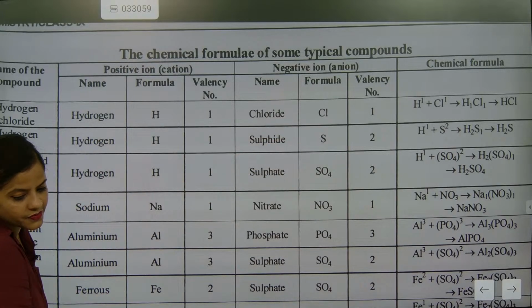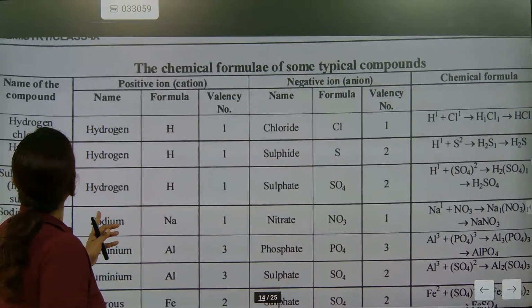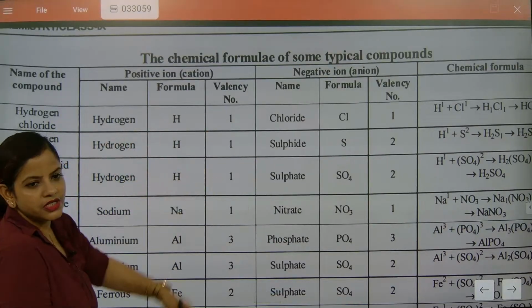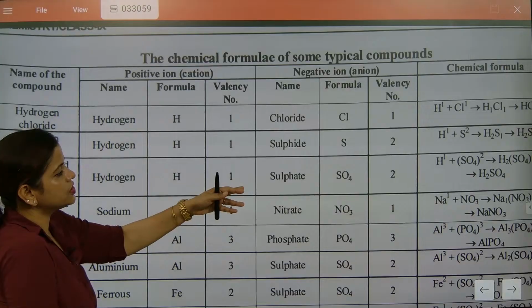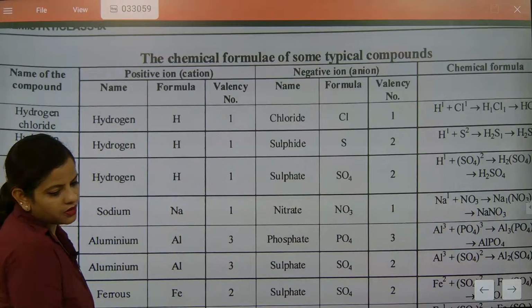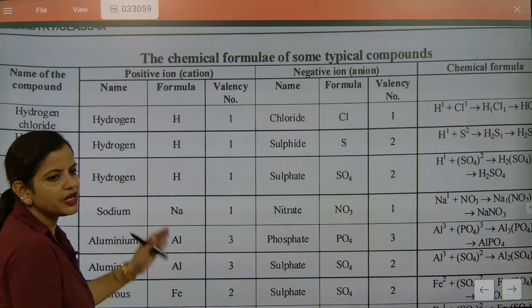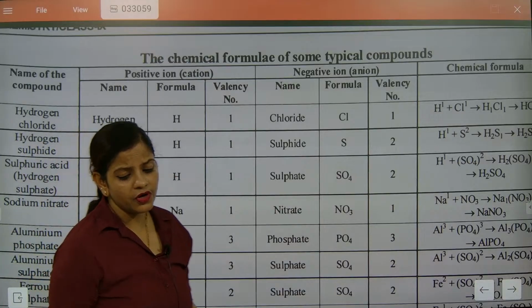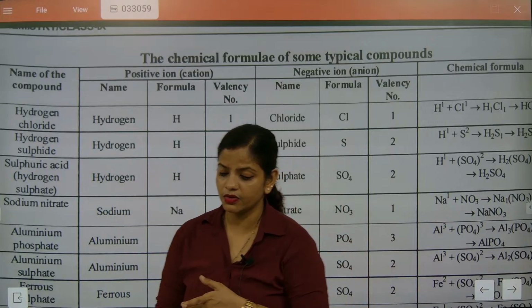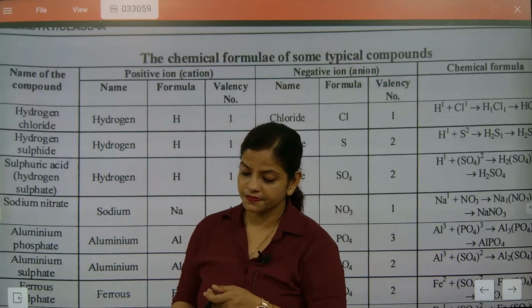Next class, we will be adding hydrogen and chlorine, hydrogen and sulfide, hydrogen and sulfate, and then we make H2SO4. Understand or not? Whatever words will be there, with the word we will understand how to join it together and how to write it out, okay? Understood now?